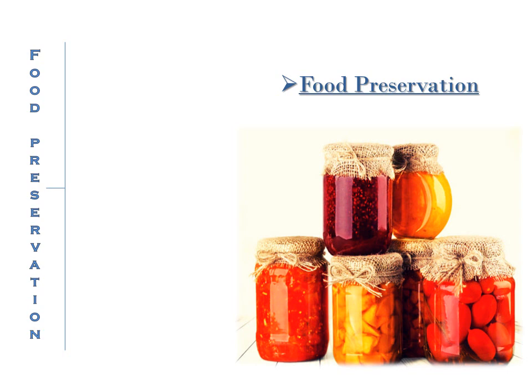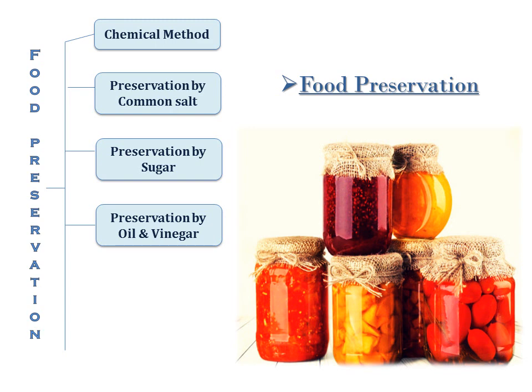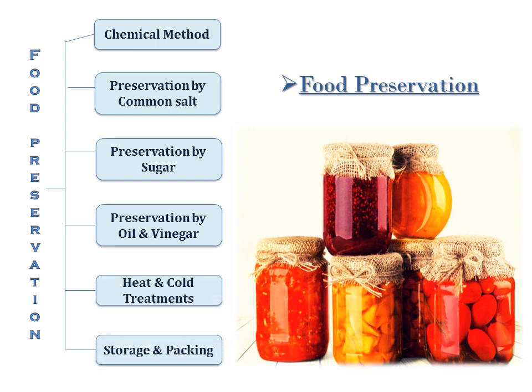Here we will deal with the methods or techniques to preserve cooked food at home for a longer period of time and saving it from the attack of microorganisms. So the various food preservation methods are chemical method, preservation by common salt, preserving the food by sugar, preservation by oil and vinegar, heat and cold treatments, and finally storage and packing.